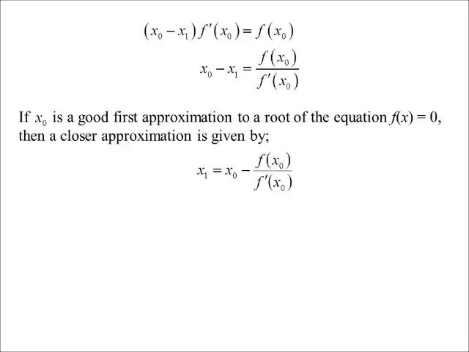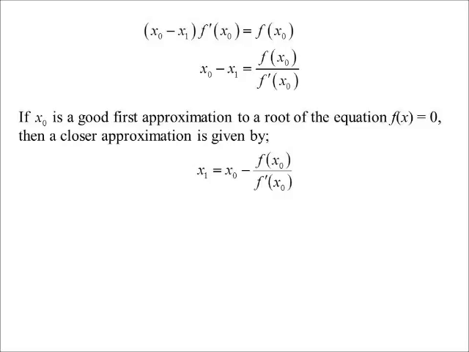So x1 will end up being our first approximation, x naught, minus f(x naught) over the derivative of x naught. Now, the big mistake people make is putting the derivative on the top instead of the bottom. How do we remember this? Well, remember it fails if we have a horizontal line which is a slope of 0, and you can't have 0 on the bottom of the fraction. So that's a way of remembering.